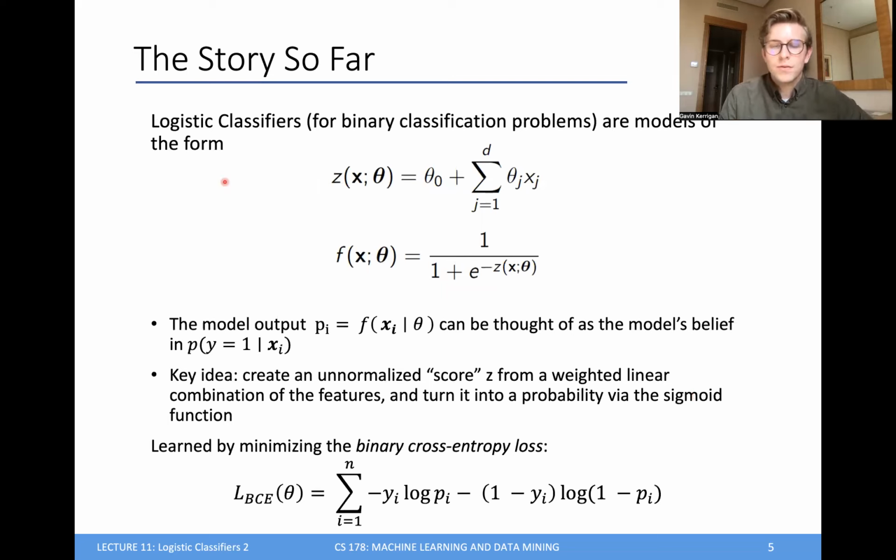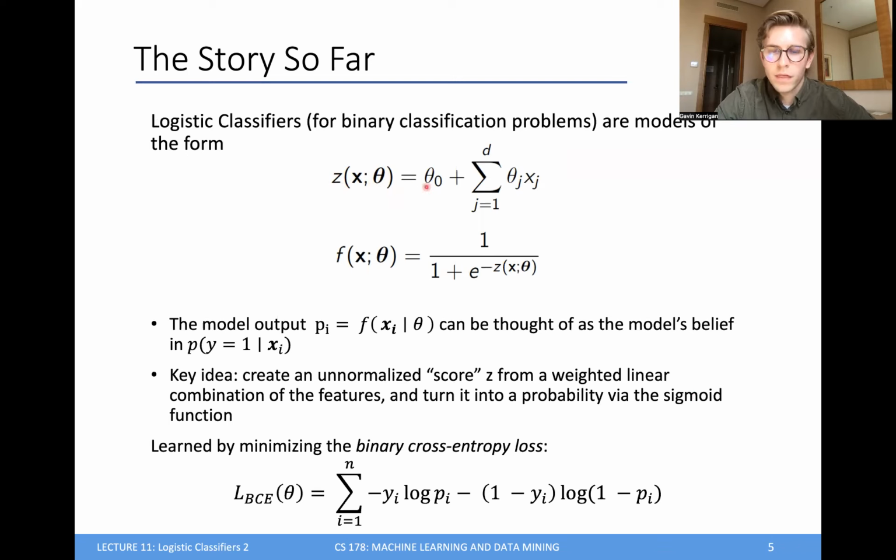To actually write down an expression for these logistic models, they are models of the following form. I have some function z, which is a function of my feature vector x, as well as having some parameters theta. And this z of x given theta is just some linear combination of my weights and my features.